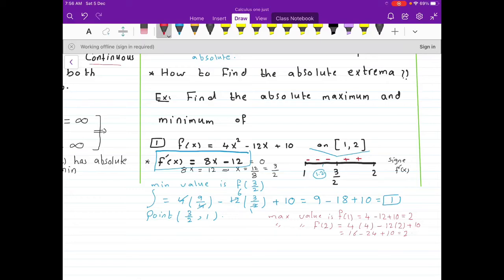So the maximum value for the function is 2, and it occurs at x equals 1 and at x equals 2.